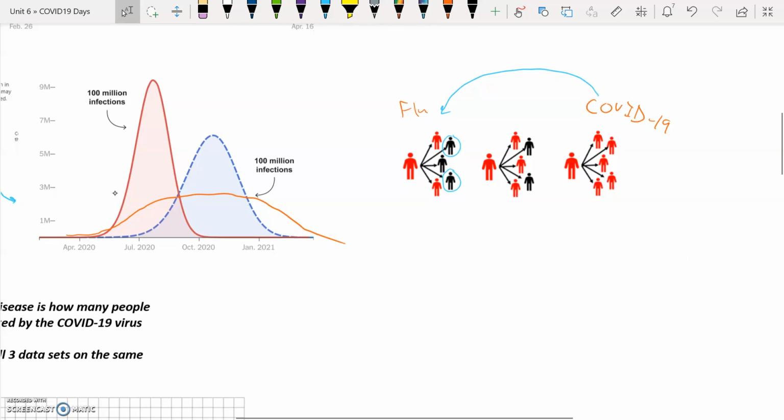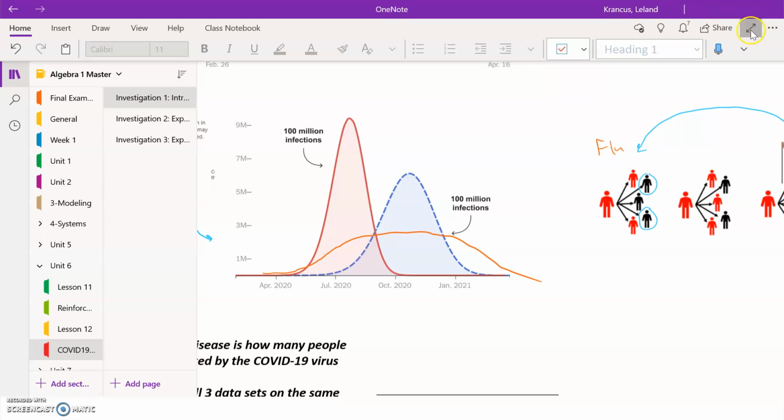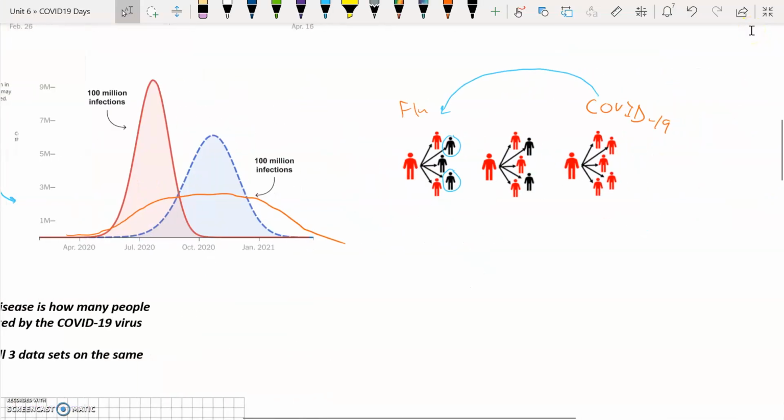So anyways, the other thing I'm going to talk about here is how this relates to modeling exponential change. And so we want to be able to write an equation and predict how the infection is going to spread. So another way to look at this diagram, this is a characteristic of diseases. You can actually look at this as different diseases and how they spread and how contagious they are.